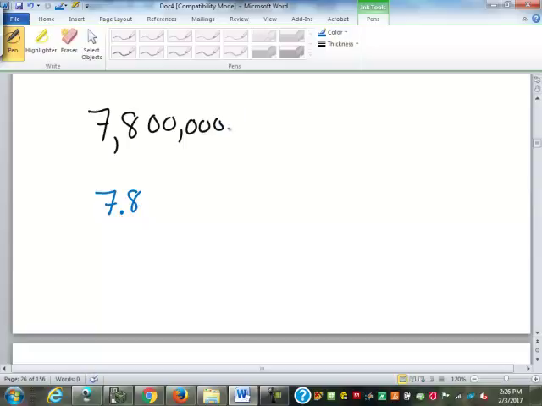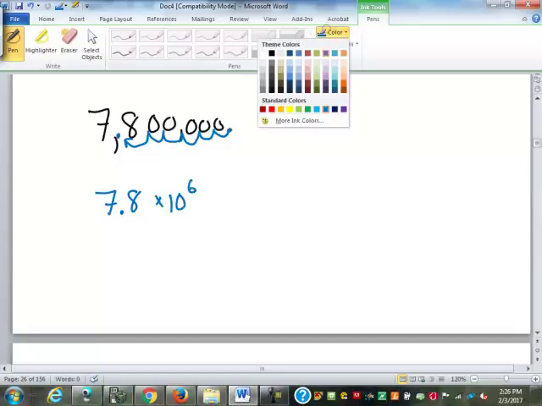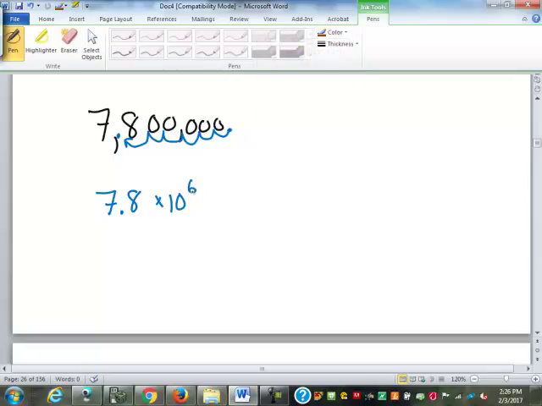And the decimal point started at the end of the number right there. We moved it to here, so it moved 1, 2, 3, 4, 5, 6 places. So that means it's 10 to the 6th. So the question is, how do I know if that's -6 or +6? Well, you're probably taught to memorize if you move the decimal to the left, it's positive. If you move it to the right, it's negative. Well, it's really easy. You know that this side of the decimal point is the positive powers of 10. That has to be a 10 to the +6.